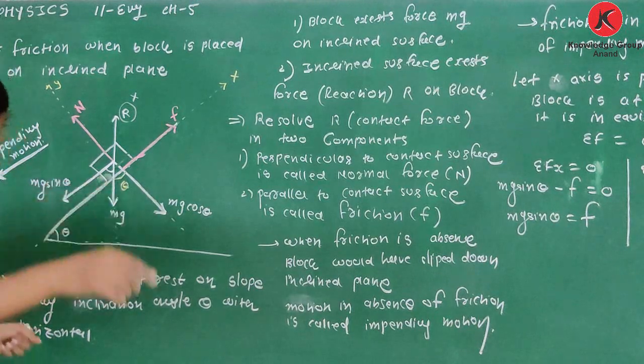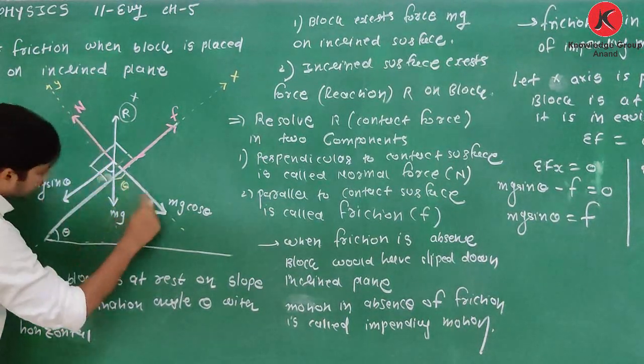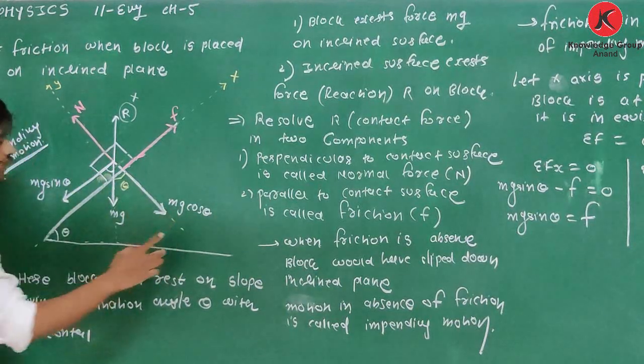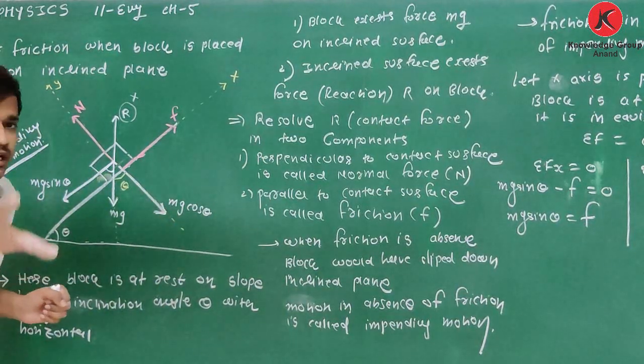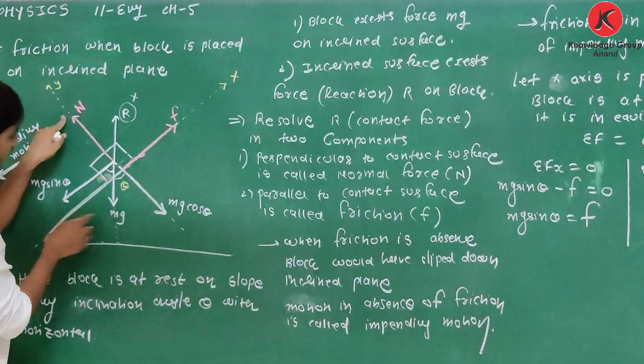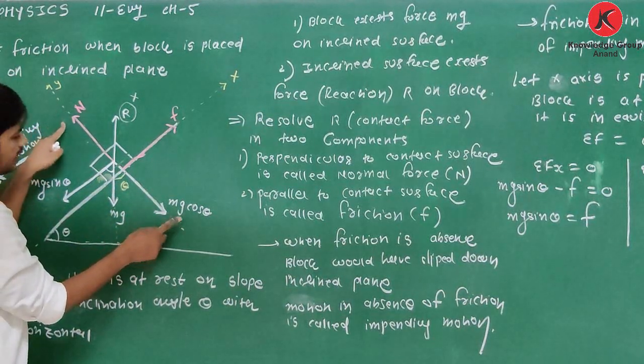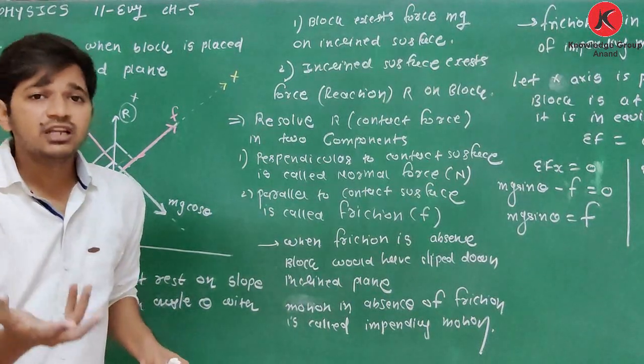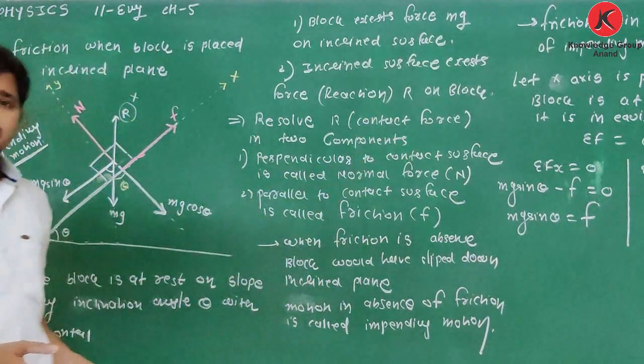Okay. Now sigma Fy is equal to 0. Where is the y-axis? Here it is. Forces acting in the y direction are N and mg cos theta. The object is at rest, in equilibrium, so sigma Fy is equal to 0.